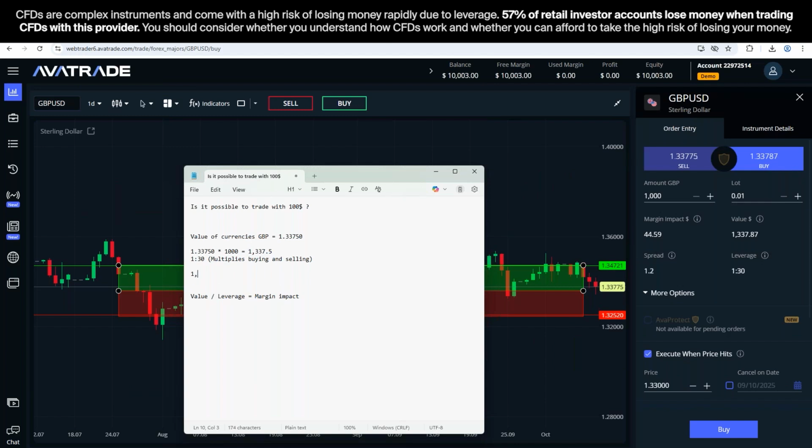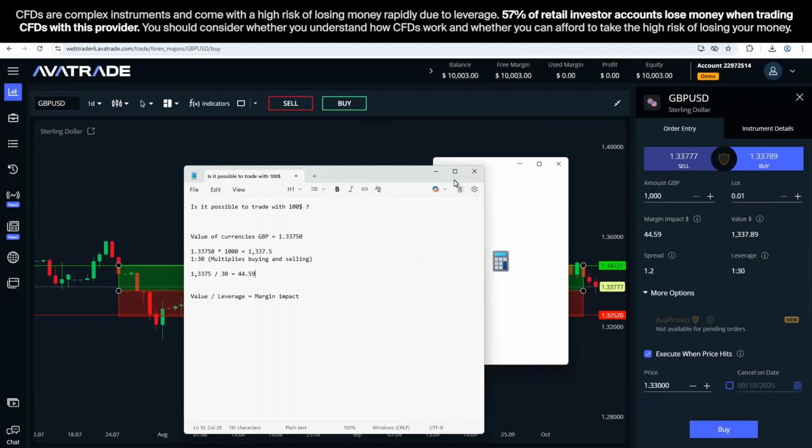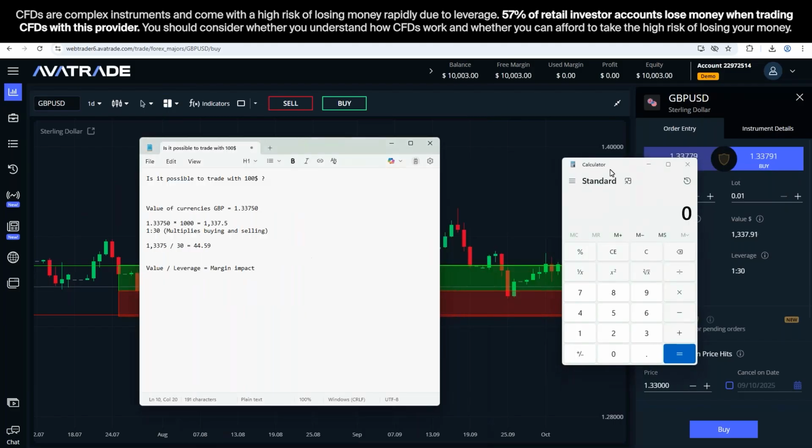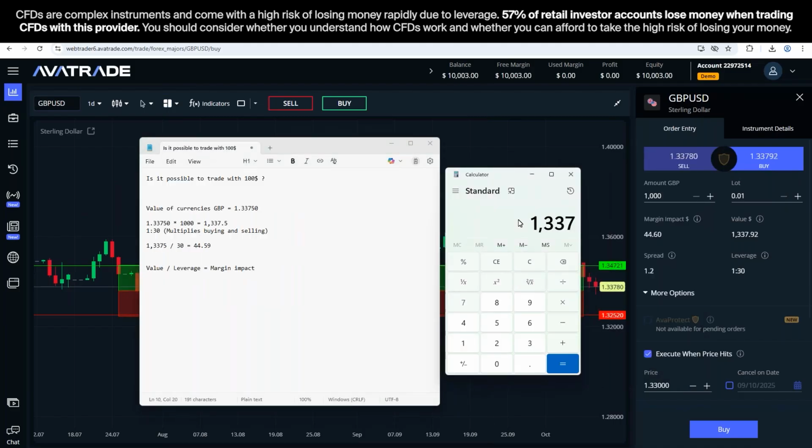So if we're going to try that, we will divide 1,337 by 30. This is what we get. Okay, I'm going to show it to you. So this is our total value divided by 30, and this is what we get. Now, the question here is, is it possible to trade with $100?